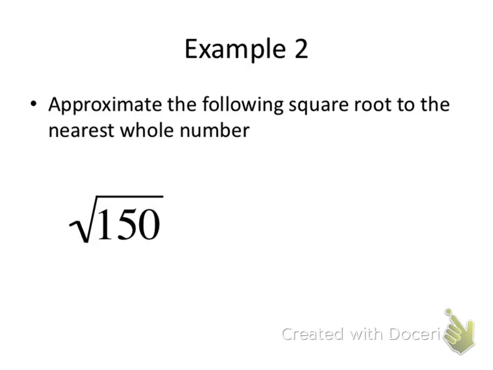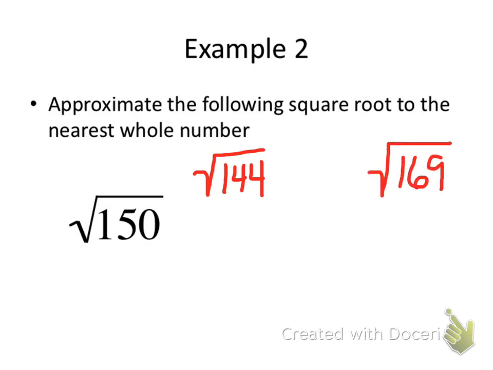Okay, in example 2, we want to approximate the following square root to the nearest whole number. Now we could put this in our calculator and use that function, but we want to be able to do it without it. And since we listed and already talked about the first 15 perfect squares, we know that the square root of 150 is going to fall somewhere in between the square root of 144 and the square root of 169.